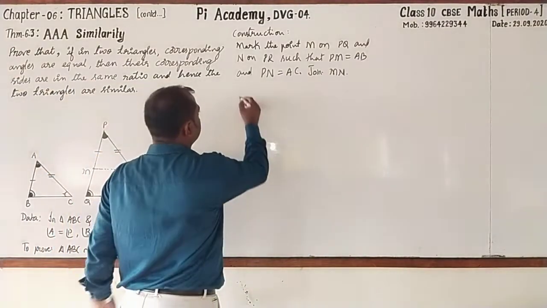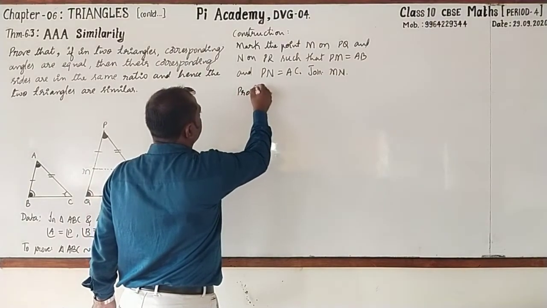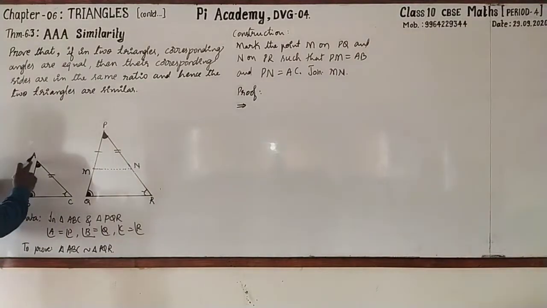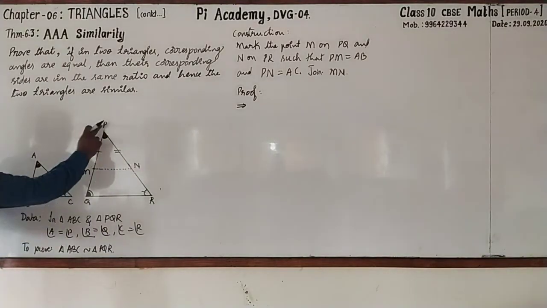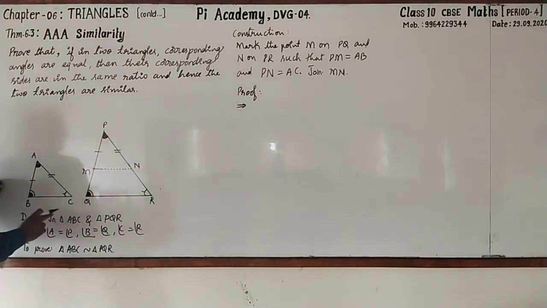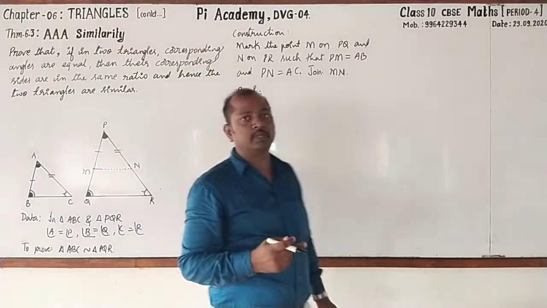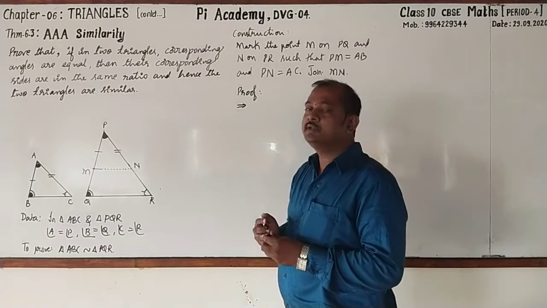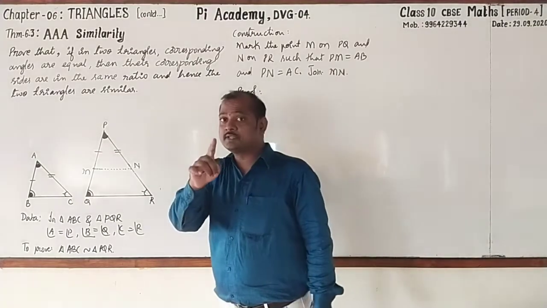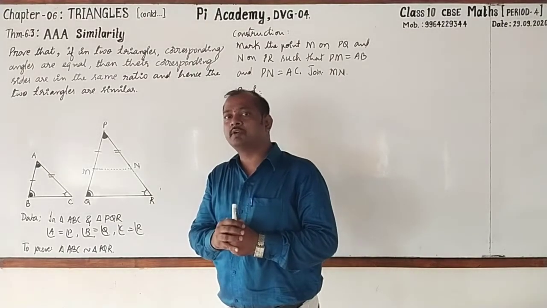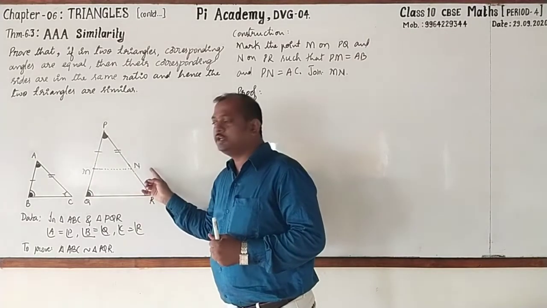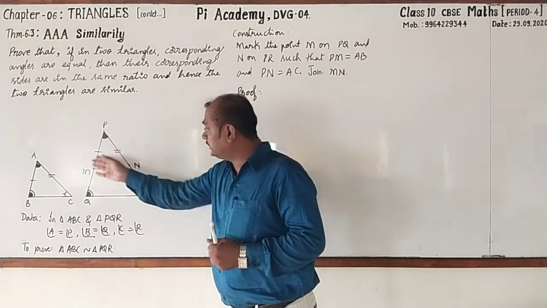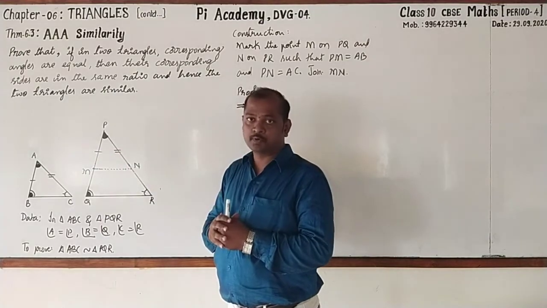Here I'll write proof. First, here I'll go for taking the triangle ABC and triangle PMN, and let us prove them as congruent. Why it is so? Dear students, in the results of BPT, we have already learned that if a line drawn in a triangle is parallel to a side, then it divides the other two sides proportionately.